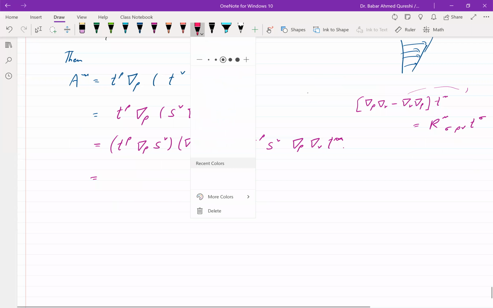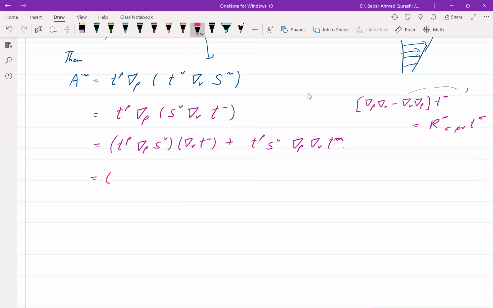So I have T^rho d_rho S^nu d_nu T^mu plus T^rho S^nu d_nu d_rho T^mu plus R^mu_sigma rho nu T^sigma.